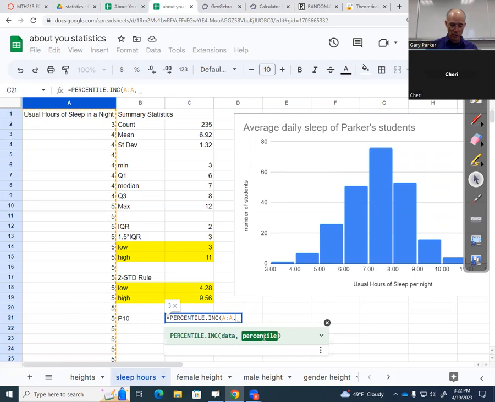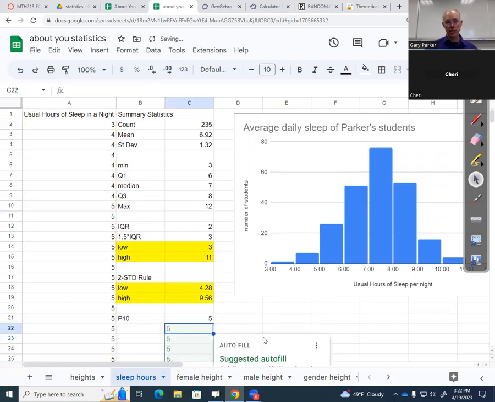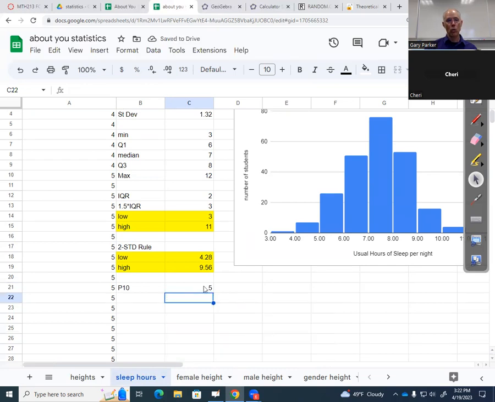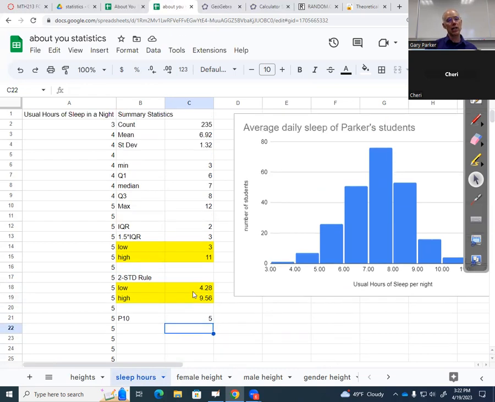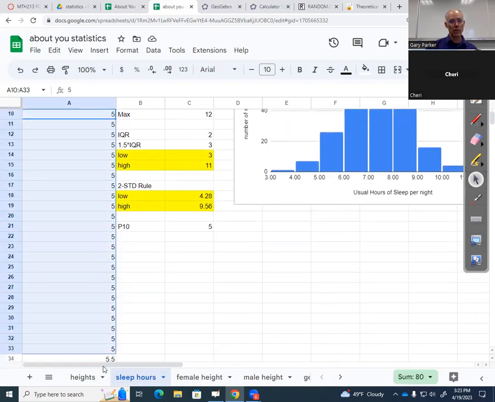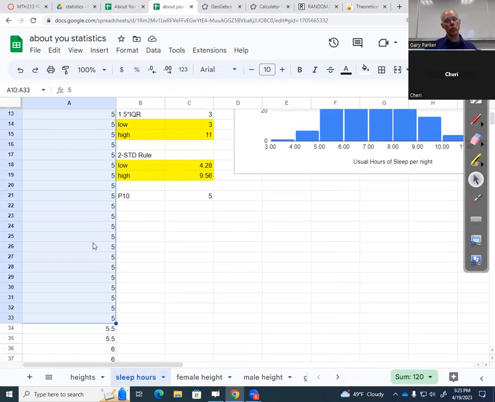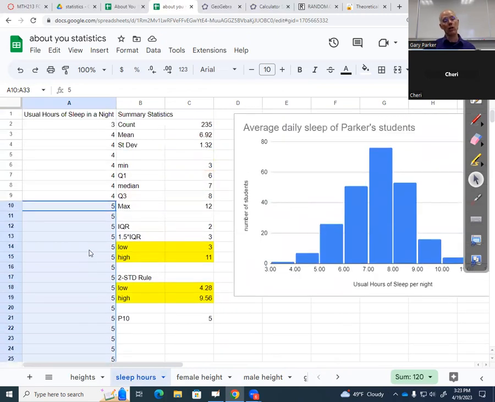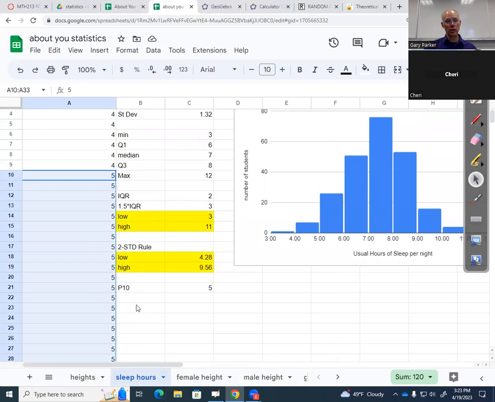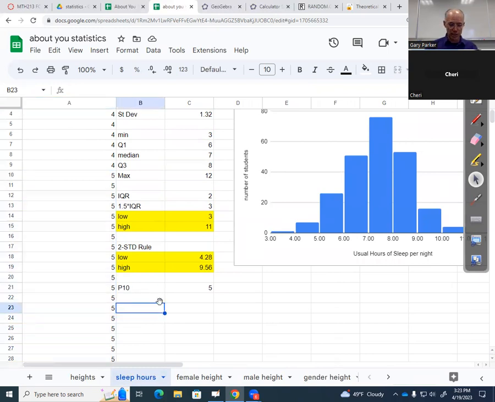So the 10th percentile would be 0.1, 1/10. And it's going to say that one of the 5s represents the 10th percentile. And I can see I've got a whole bunch of 5s. If I wanted to identify which one it was, then I have to do a little bit more work and find the position of the 10th percentile.